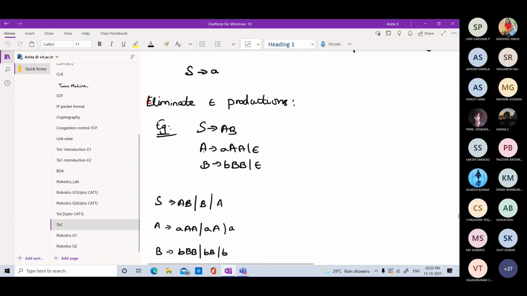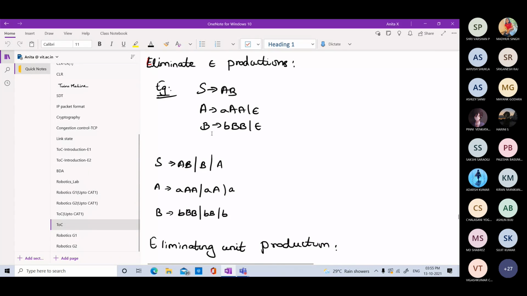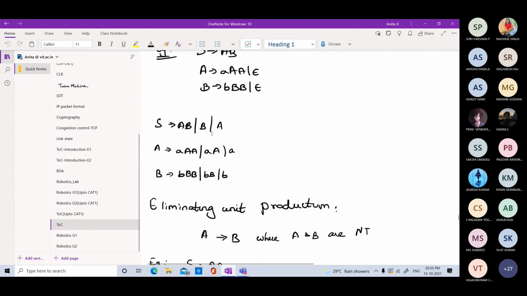If a non-terminal derives epsilon, then that non-terminal is nullable. Here S derives AB. Both A and B are nullable, that is, if both A and B are epsilon, S is also epsilon. So in this grammar, S, A, and B are nullable.